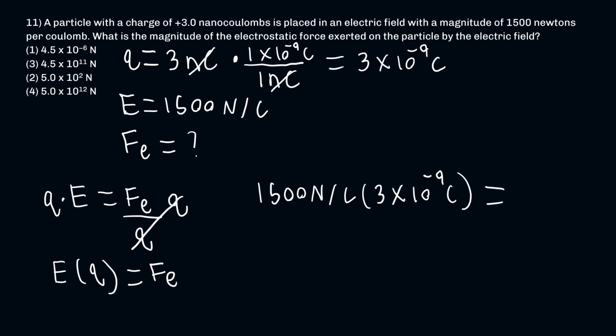That is then equal to my electrostatic force. So now just multiplying these two together, I have 1500 newtons per coulomb times 3 times 10 to the negative ninth coulombs. So plug this into your calculator and you will end up with your answer.